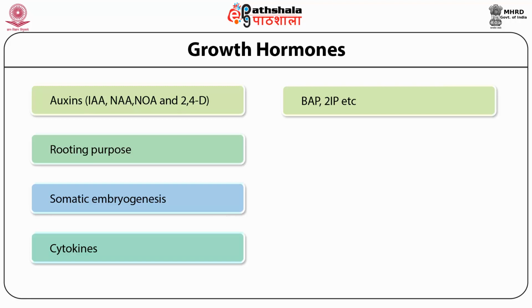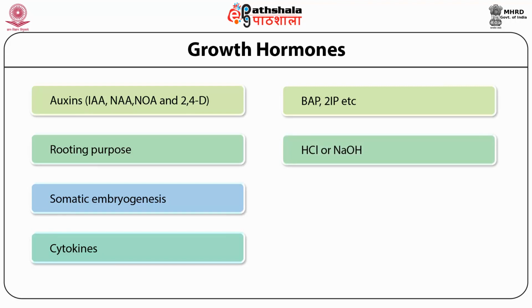It's the only naturally occurring cytokinin, but it has a limited role because it's very expensive and thus we only use it for research purposes. Like auxin, cytokinins also can't be dissolved in water, and we dissolve them either in a weak acid or alkali. So either HCl or NaOH is used for this purpose.